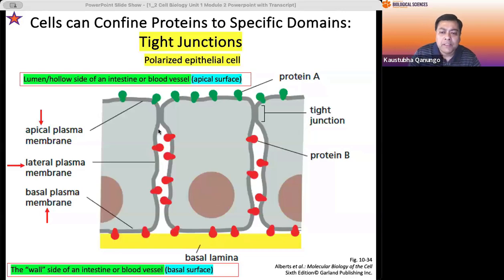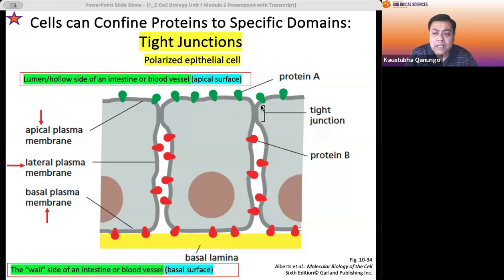So what happens that when these cells, epithelial cells, are connected, there is a tight junctions, which we are going to talk about in junctions in the unit 4 all the way. These tight junctions are areas where there are proteins and cytoskeleton, which we can just think about. They stitch the cells, neighboring cells, to each other.